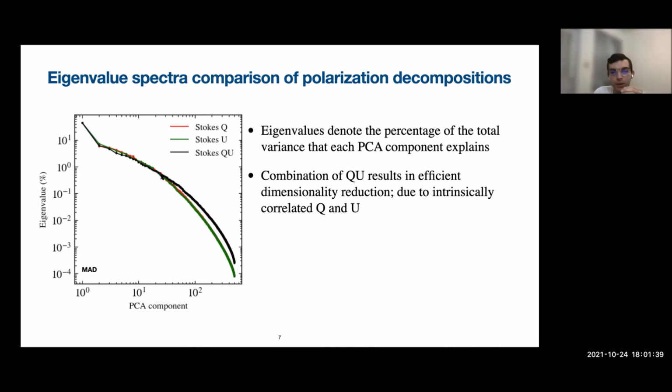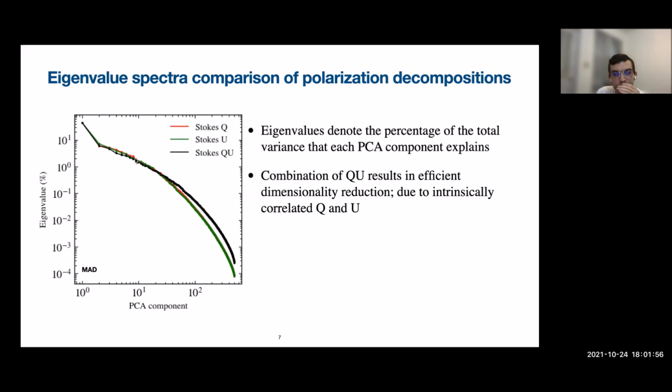Okay, yeah. So basically here, the black curve is the analysis for the combination of both of the Stokes. The other two curves are for both of them, but individually, right?